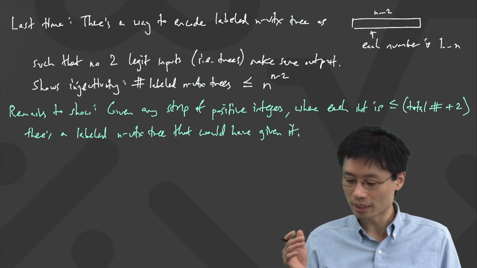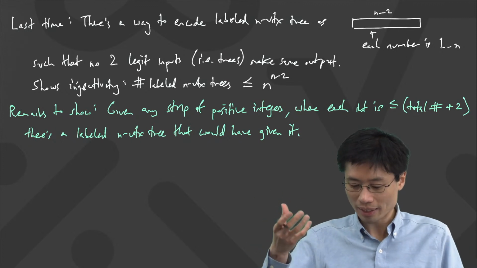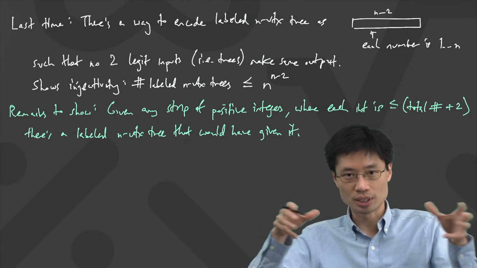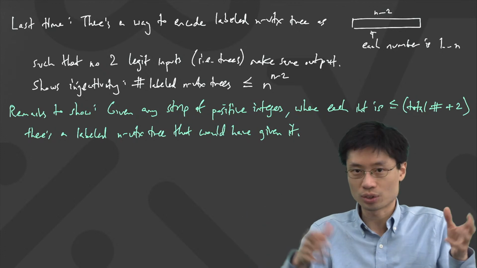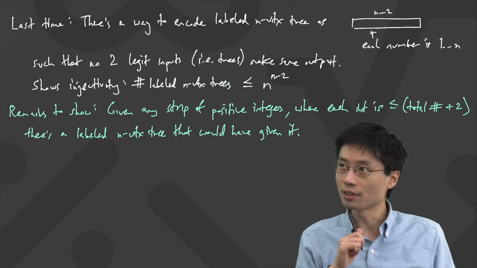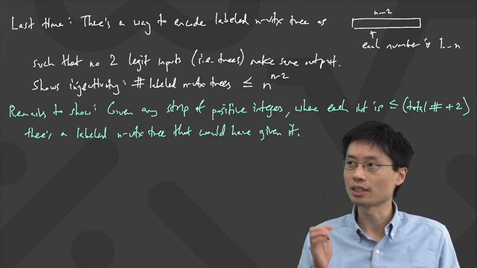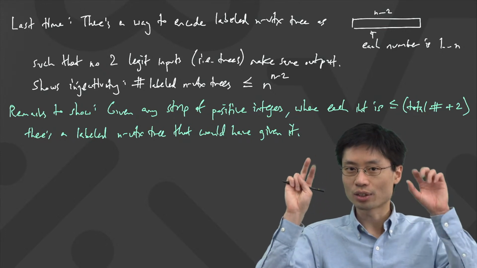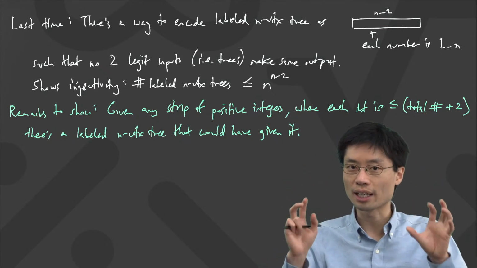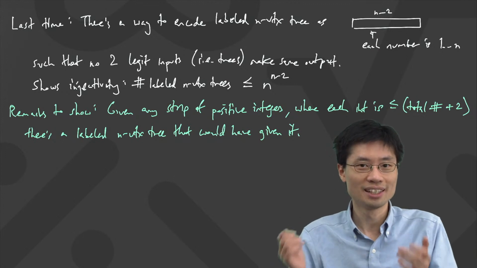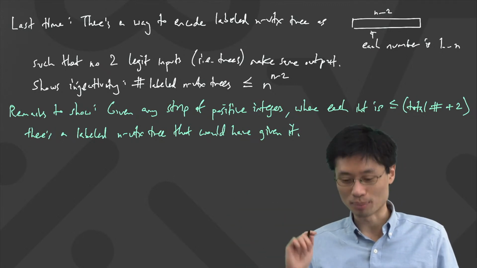So what we need to do is explain why the thing that comes out at the end, this interesting thing, is a tree, and the tree is what would have given it. If you think about what's going on here, we have to show first of all that the decoding algorithm actually can be done on any arbitrary input, right?